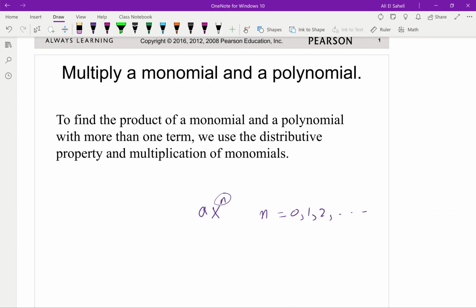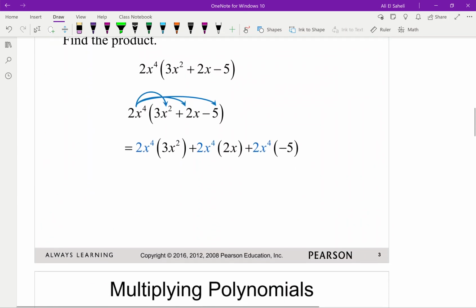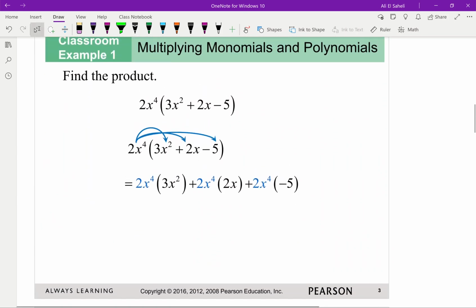To multiply a monomial by a polynomial, we use the distributive property. This is the monomial.